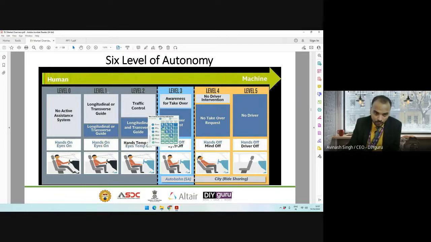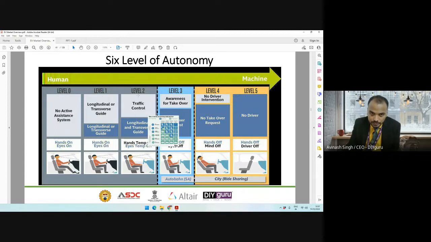Level 1 is where the hands are on the steering, eyes are on the road, but his feet are not on the brake pedal or the acceleration pedal, right? His feet are away, with longitudinal or transverse guidance, because it will help the driver to traverse in the straight direction, right? So this is what level 1 is called.